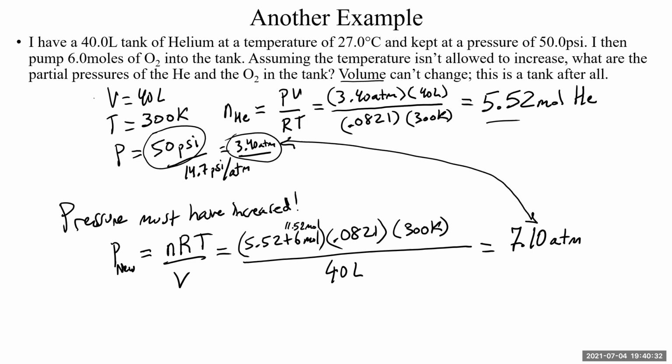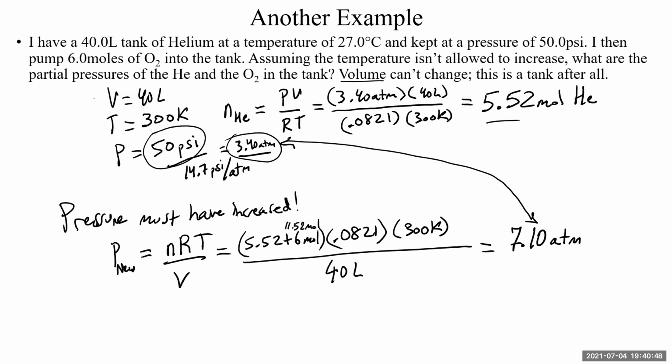That makes sense because we've almost doubled the number of moles. Without changing the volume, our pressure should just about double. And it did, actually it more than doubled because we added more than 5.52 moles. So we more than doubled our pressure.